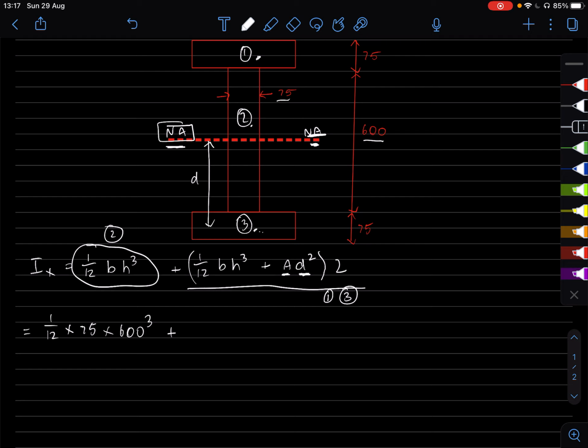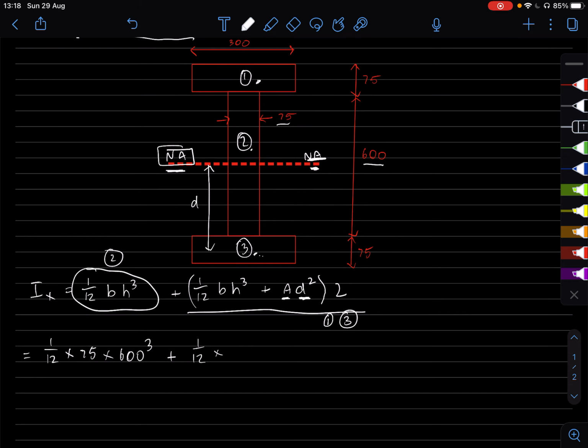So that's 1 over 12 times the base of rectangle 3, which is 300, times its height, 75 cubed, plus the area of rectangle 3, which is 75 times 300.